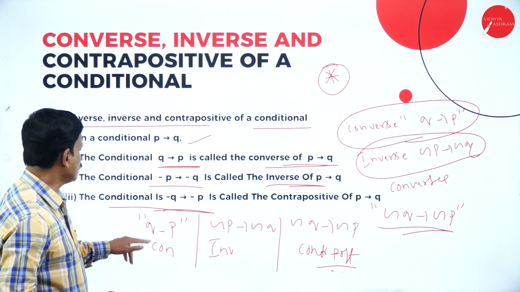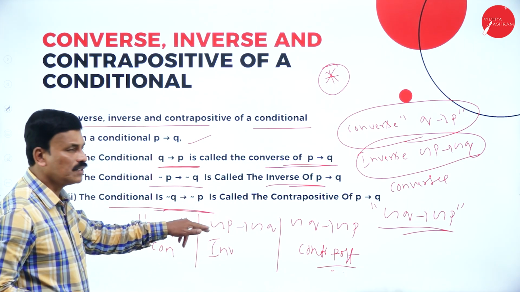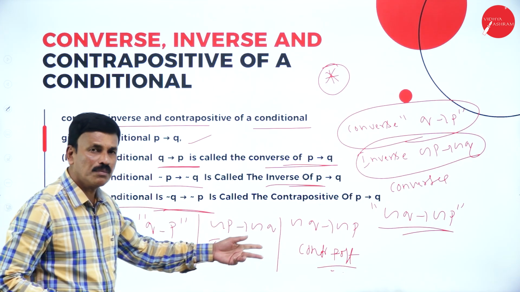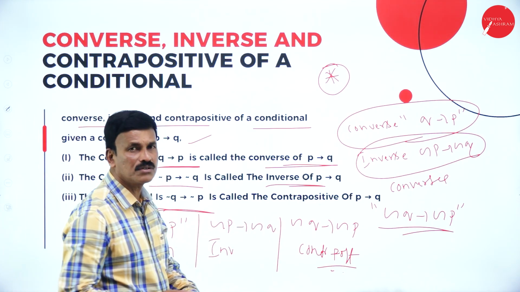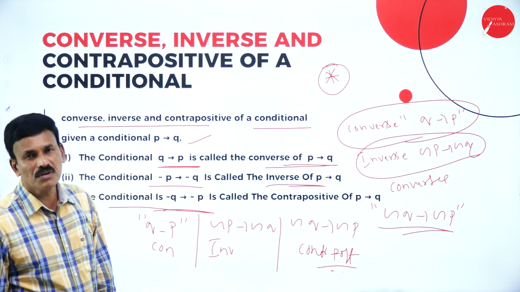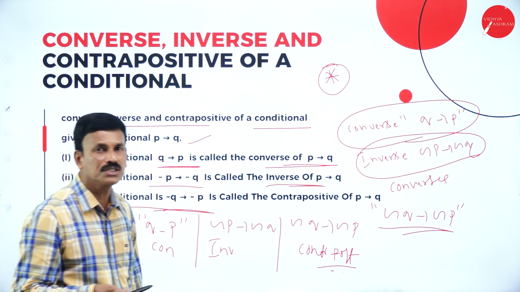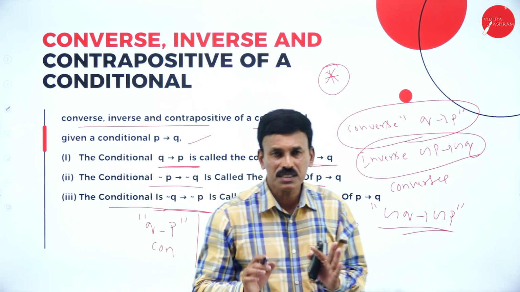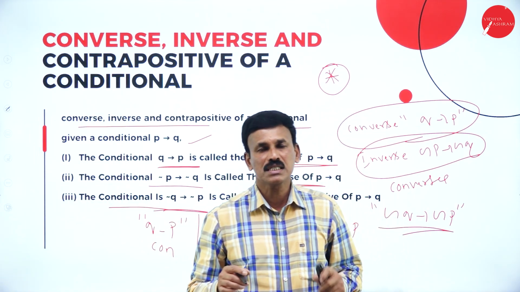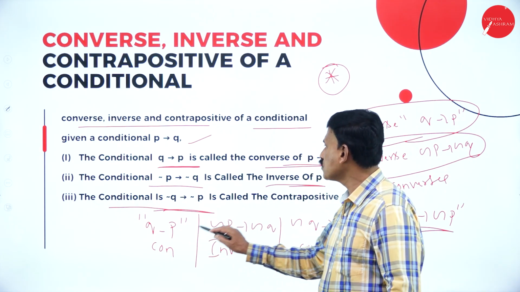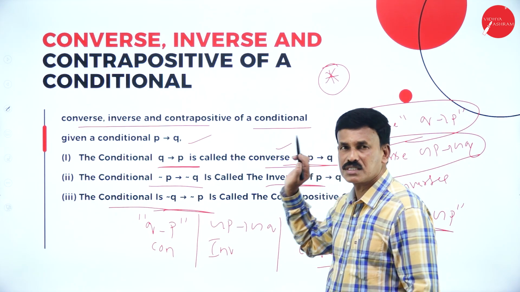So, converse is Q conditional to P, inverse is negation of P conditional to negation of Q, and contrapositive is negation of Q conditional to negation of P. These are the converse, inverse and contrapositive for the given conditional statement P conditional to Q. Very simple concept. For any given conditional statement P conditional to Q, if you reverse it, Q conditional to P is called the converse.